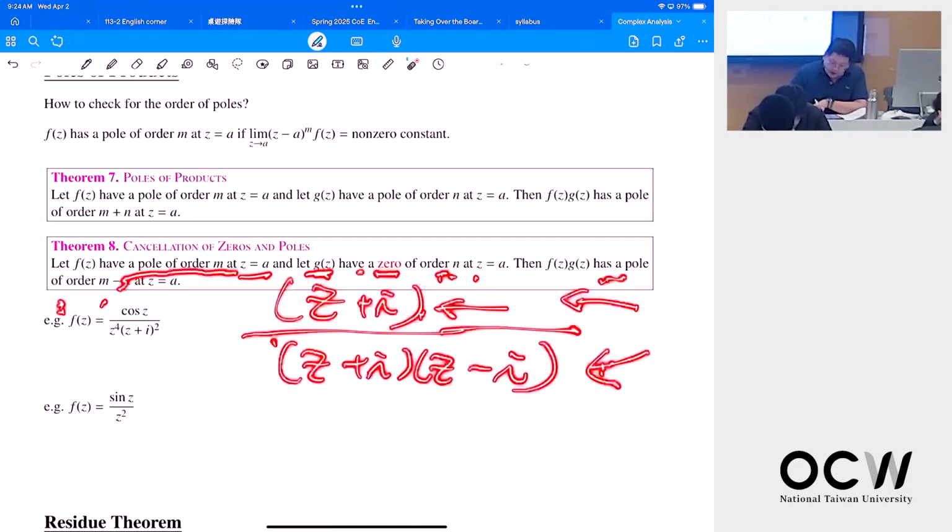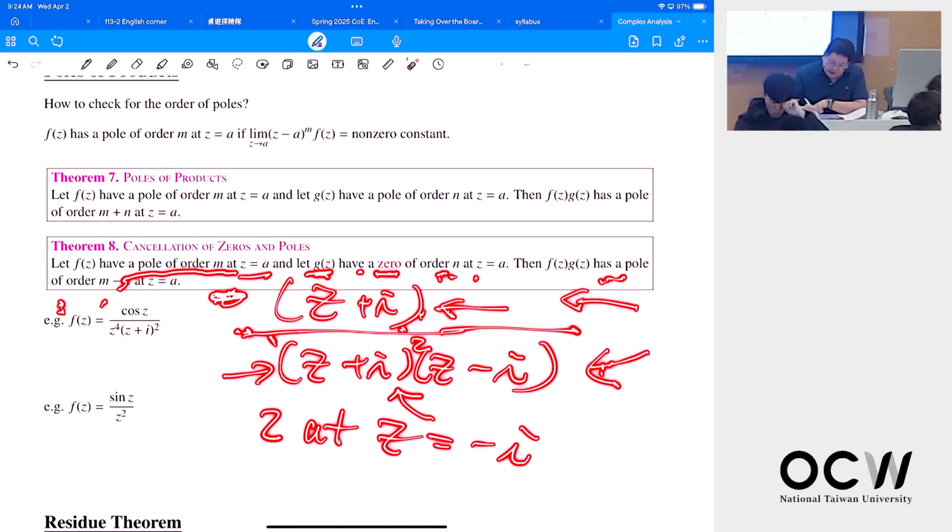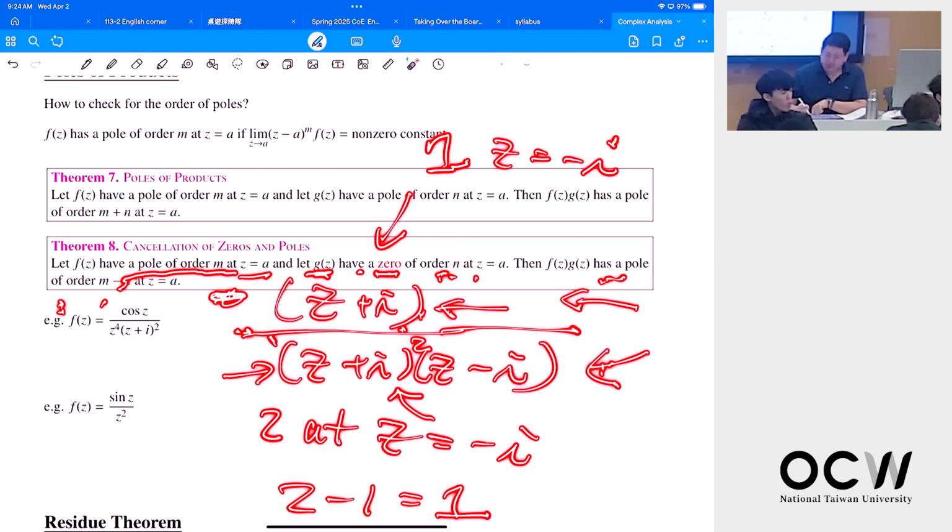So here I have a pole of order 2 at z equals minus i, and I have a zero of order 1, still at z equals minus i. So overall, the pole order will be 2 minus 1. Very important, the pole of order 1 is where? At z equals minus i.